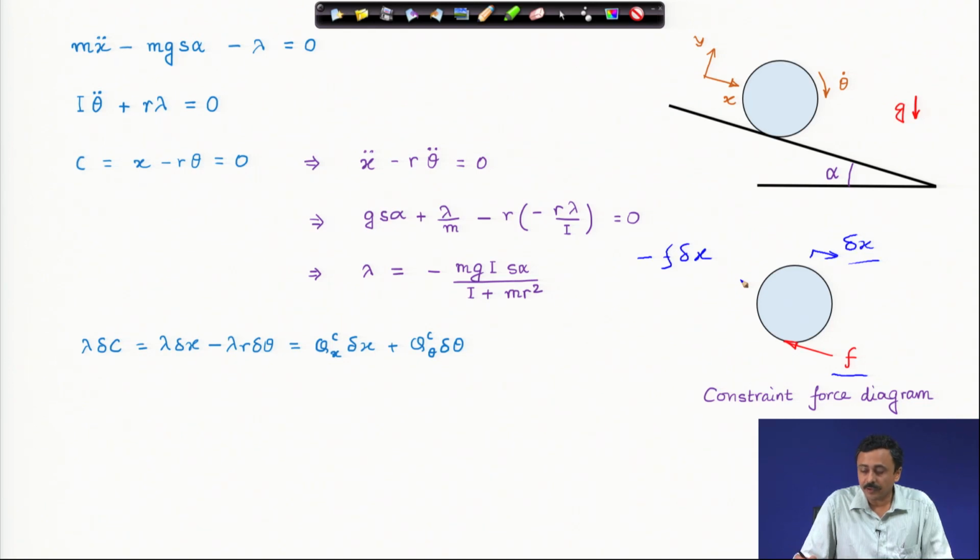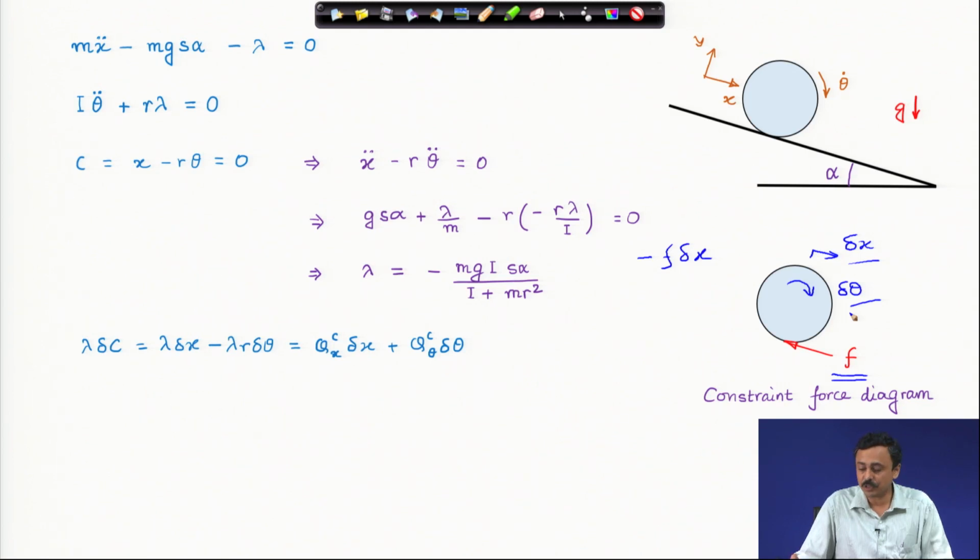The other coordinate is delta theta, the variation in the other coordinate, and this is the direction we have considered throughout. What will be the work done by this force F corresponding to this variation delta theta? Remember, F is a force, whereas delta theta is an angular displacement.